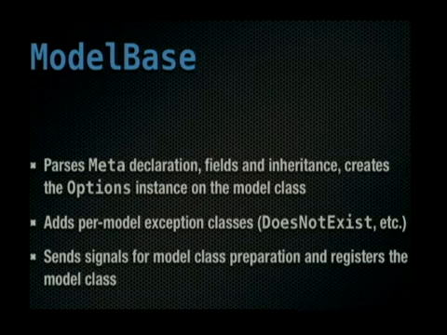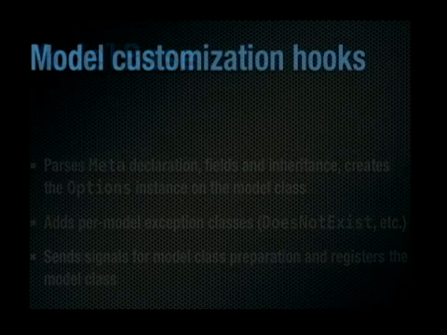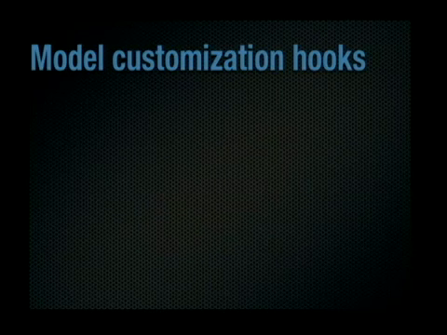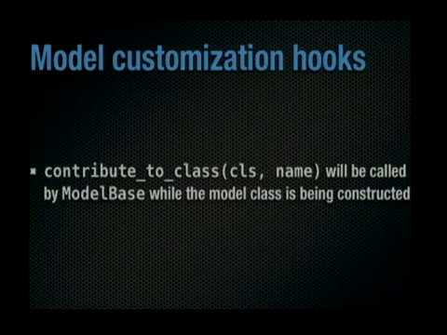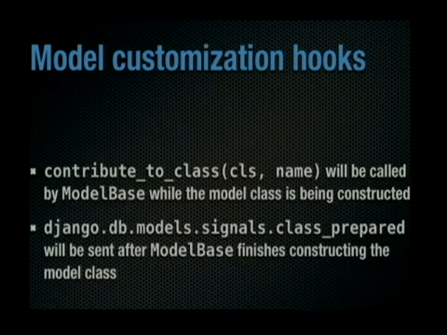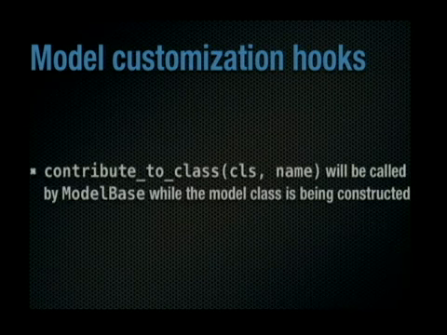It sends some signals through the Django dispatcher saying, hey, we're preparing a class and we're registering a class. It does offer some customization hooks. There's a method called contribute_to_class. Anytime you add an attribute to a class, say you put a model field in your model, every model field class has a method called contribute_to_class. The metaclass ensures that method gets called and lets that model field add any special attributes or methods onto the model.